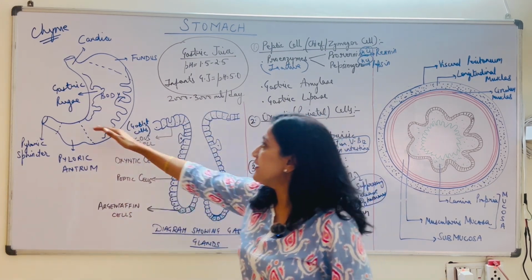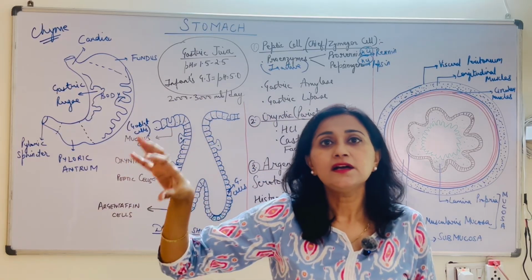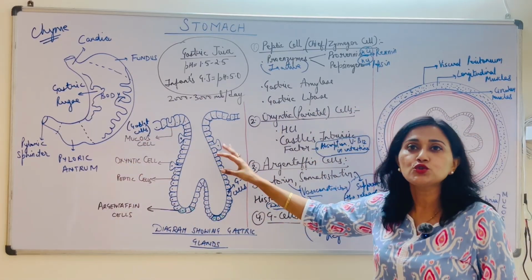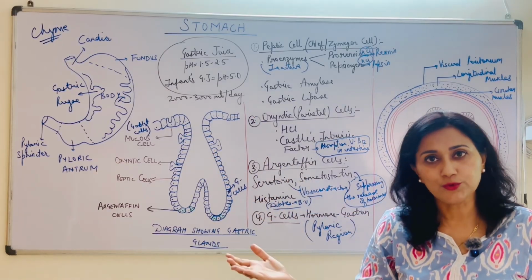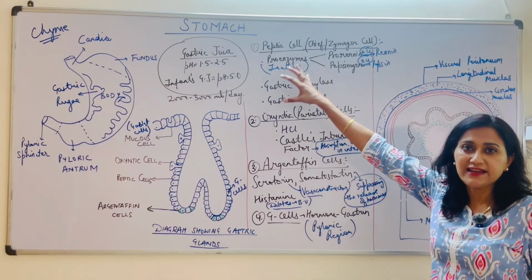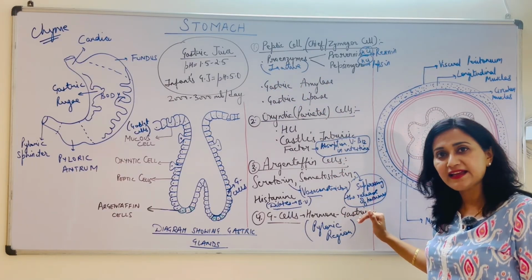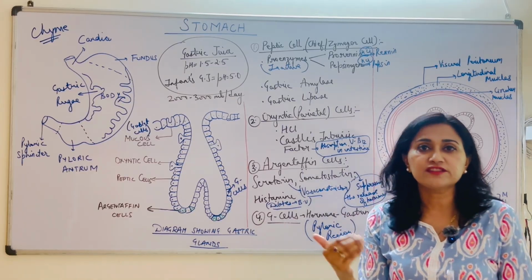This hormone will now influence the other gastric glands to start their secretion, that is, to start the secretion of the gastric juice. So basically the hormone will stimulate the secretion of the gastric juice. As you can see, the gastrin hormone has a positive effect on the release of the gastric juice.